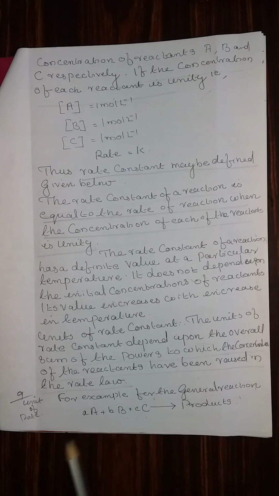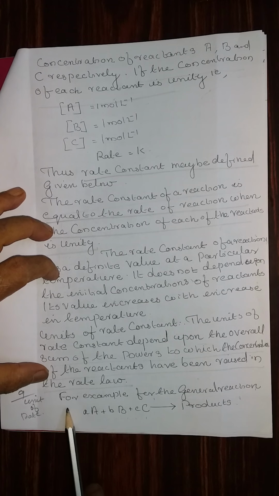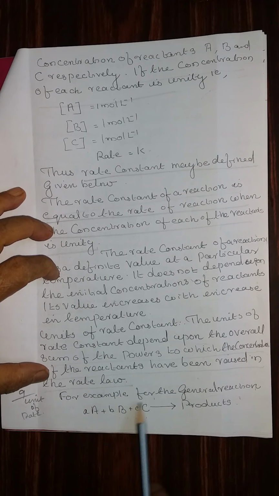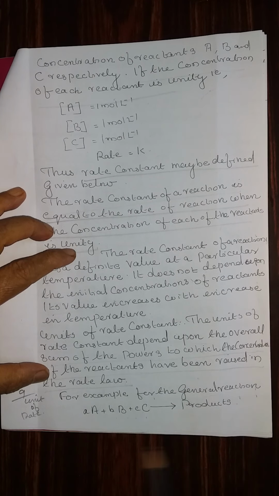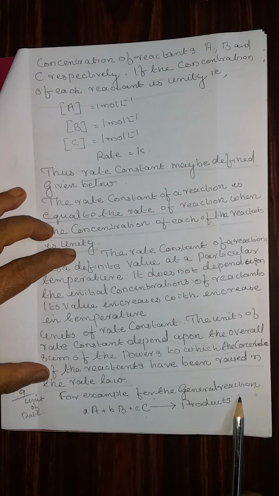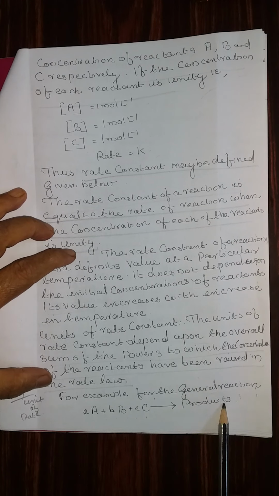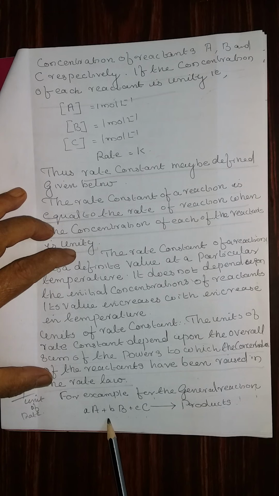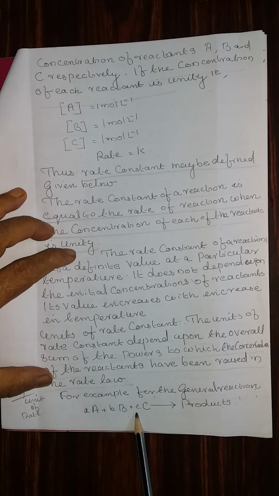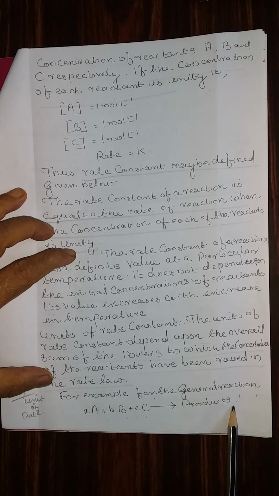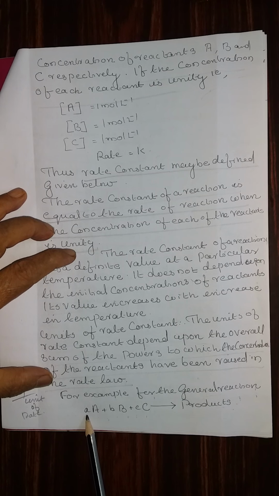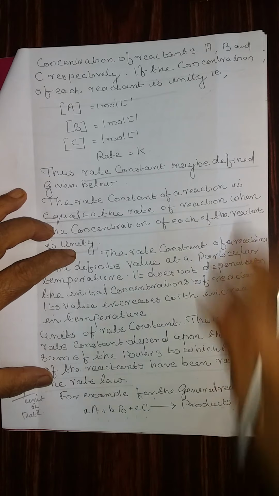Unit of rate. In order to find out the unit, let us consider a general reaction: aA + bB + cC giving product, where small letters a, b, c are the stoichiometric factors, and capital A, B and C are the reactants.